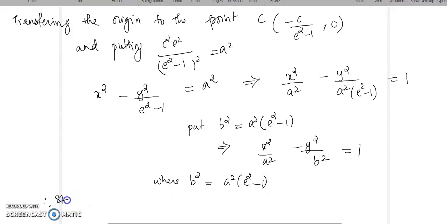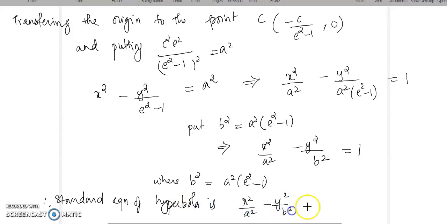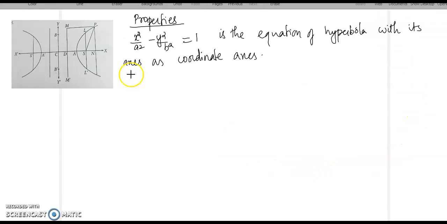So therefore the standard equation of the hyperbola is x²/a² − y²/b² equal to 1. Now let us look at a few properties of the standard hyperbola. The equation of a hyperbola with the axes as coordinate axes is given by x²/a² − y²/b² equal to 1.